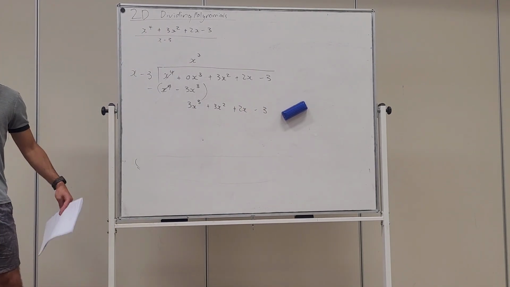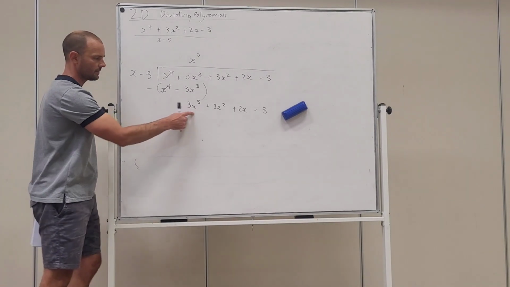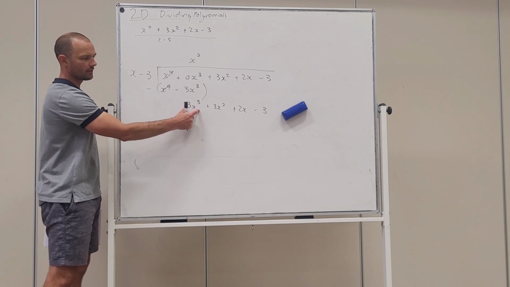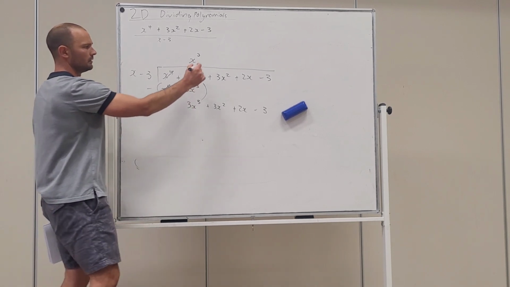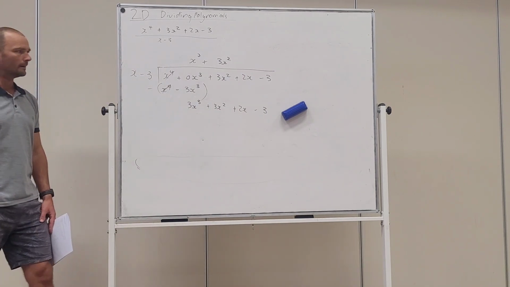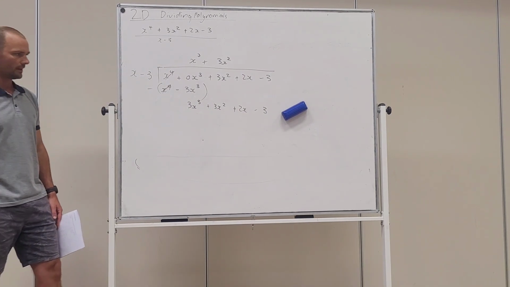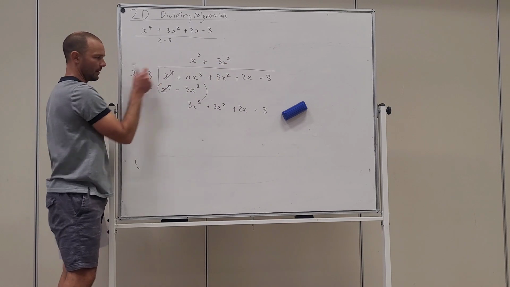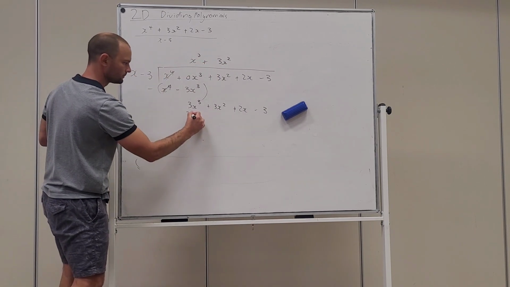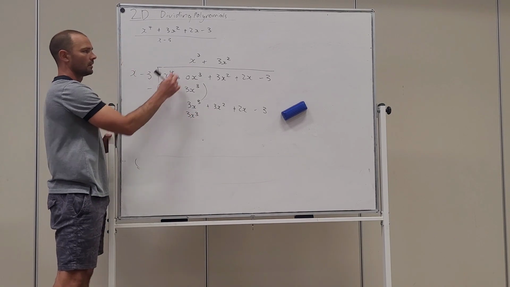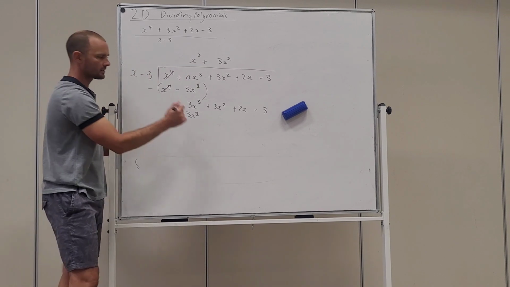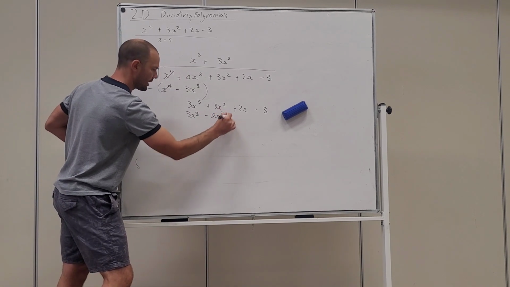Okay, and then we ask ourselves again, now I've got 3x to the power of 3. What do I multiply x by to get 3x to the power of 3? 3x squared. Let's perform that multiplication. 3x squared times x is 3x to the 3. 3x squared times minus 3 will be minus 9x squared.